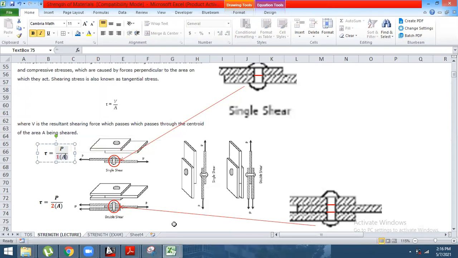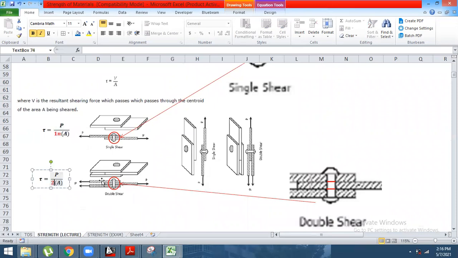The 1 is for single shear, and the area is the area of the bolt. It should be multiplied by n, the number of bolts. For double shear, in this horizontal or vertical position, it is P over 2A, also multiplied by the number of bolts, wherein A is the area of the bolts.